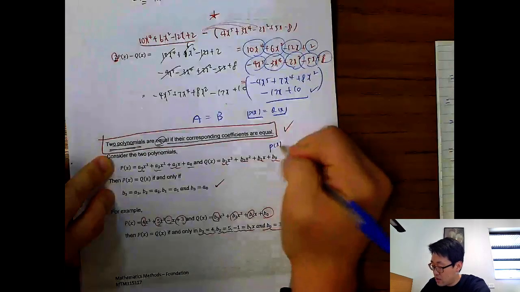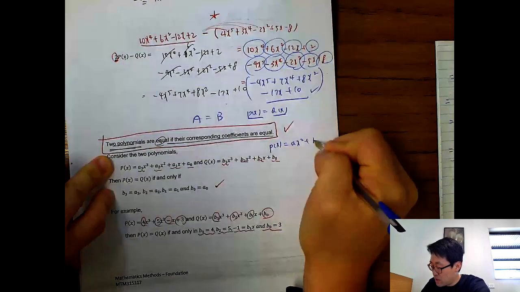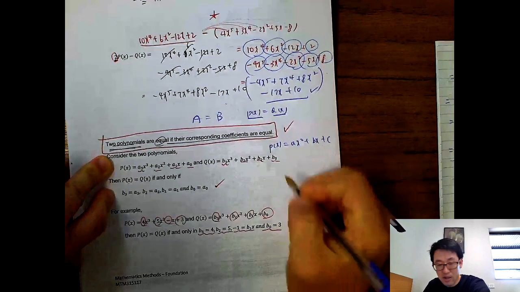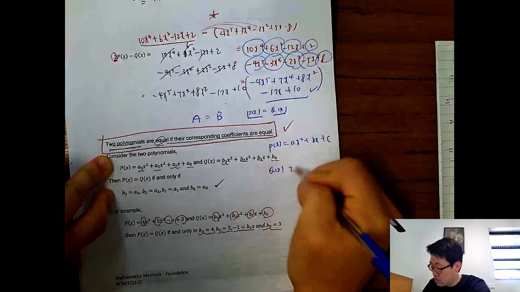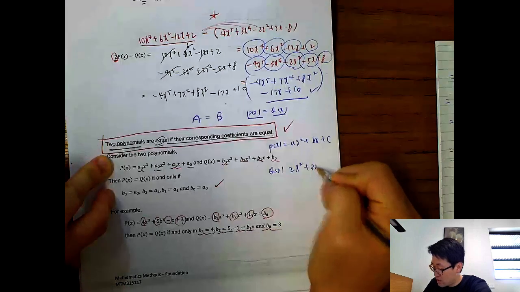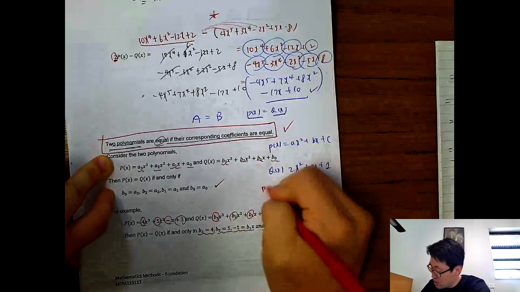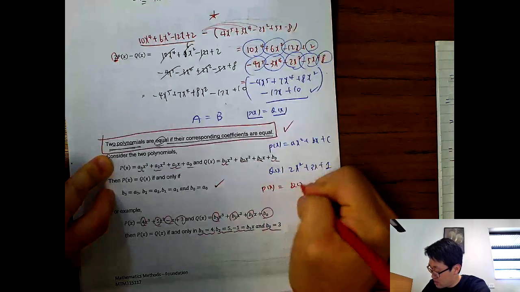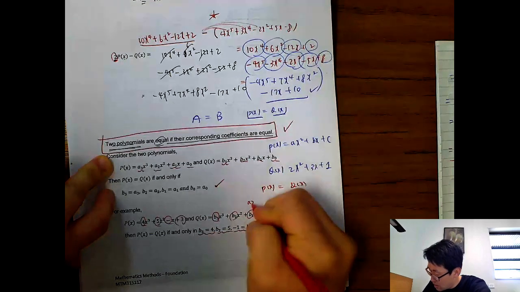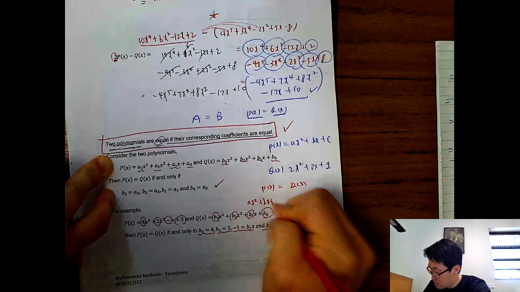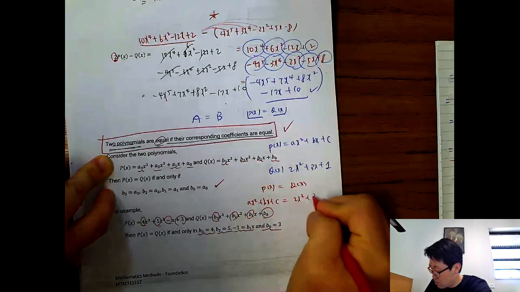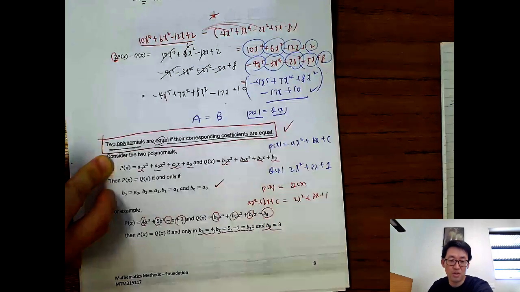If Px equals ax squared plus bx plus c, and then Qx is 2x squared plus 3x plus 1, when I say Px equals Qx, ax squared plus bx plus c equals 2x squared plus 3x plus 1, isn't it? I mean, it's logic.